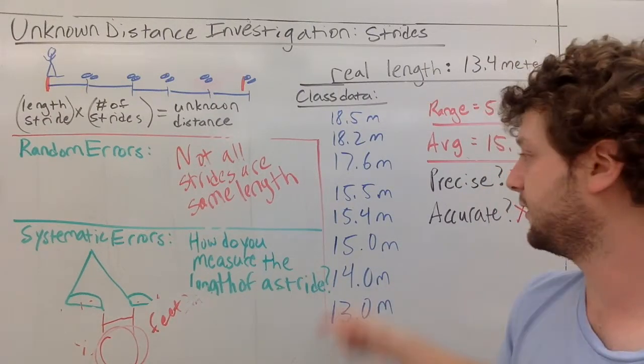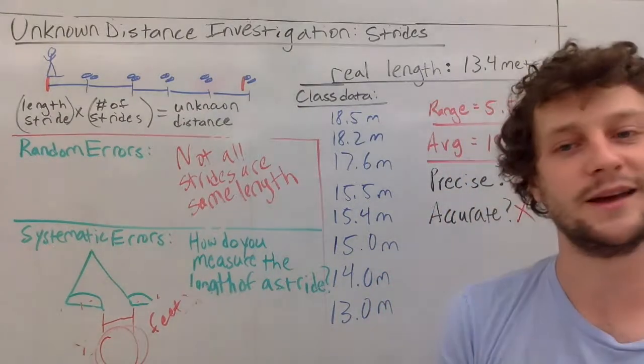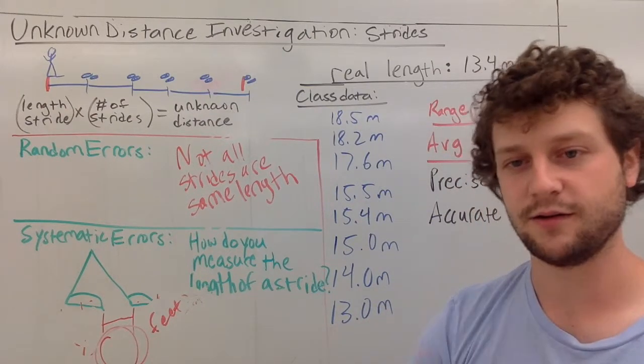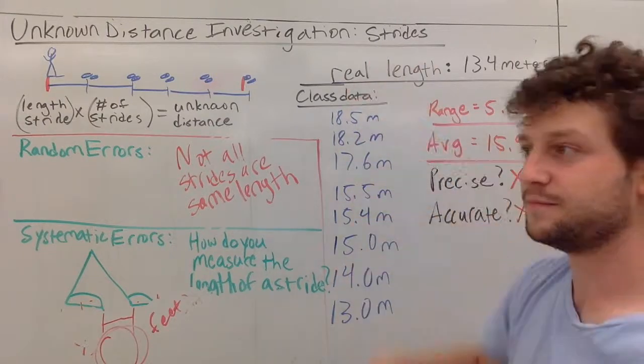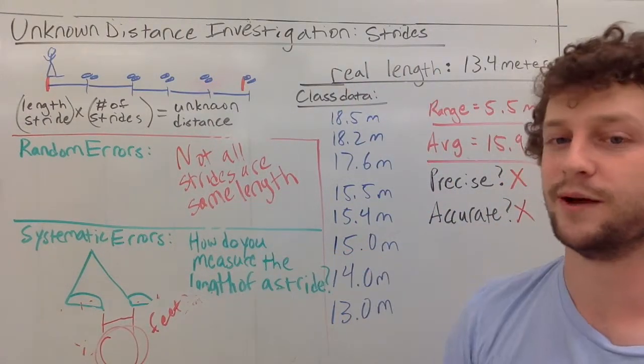Then you can recalculate your unknown distance and maybe it'll be closer to your real length. It will be accurate because you'll be centered around that real value. Will that get rid of your imprecision, your spread? No, you still can't take the same stride length every time. There's still random error.